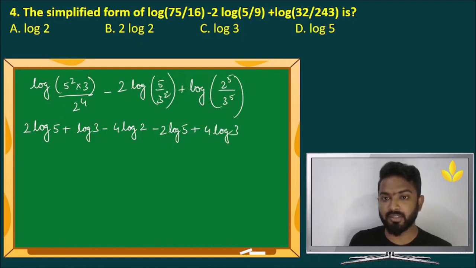Why 4? Because this 2 and this 2 get multiplied, plus 5 log 2 and minus 5 log 3.